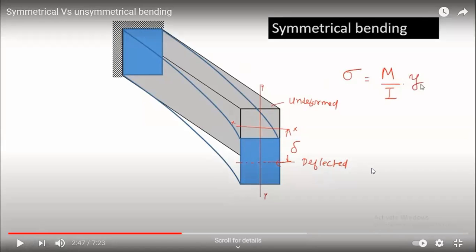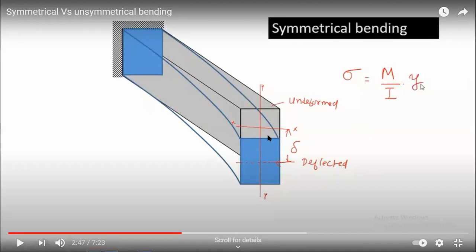We all should know the vertical deflection will be with respect to the x-axis, right? The horizontal displacement will be with respect to the y-axis. So here you can see it clearly. The y deflection is happening with respect to the x-axis.